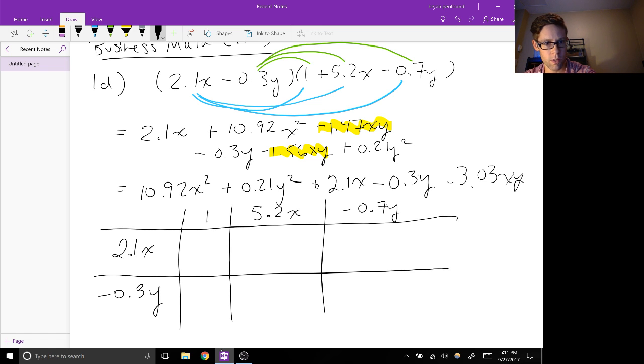So for example, this box represents the multiplication of 2.1x times 1. This one would be our negative 0.3y times 1. And I can go through and fill in all of these boxes, and they should correspond with those 6 terms that we had up top. So here would be our 10.92x squared. Our negative 1.47xy, and so on and so on.